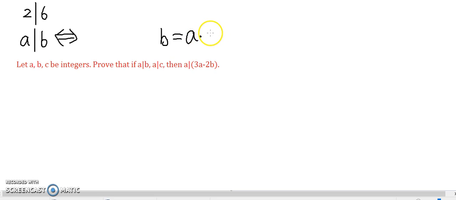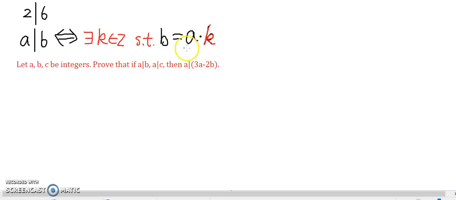We don't really like to use English words. Usually in mathematics, we like to use symbols. So let's use the symbol K here. Let me use a different color to specify. This is a K here. So there exists an integer K such that number B, the number on the right side, can be written as A times the integer.